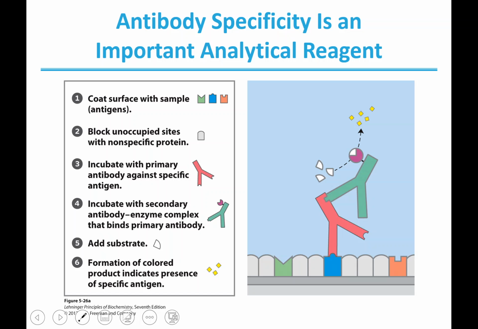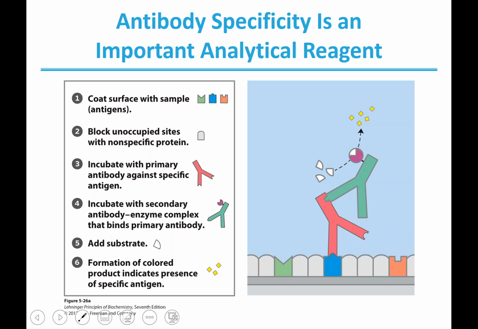You soak it in a solution of primary antibody, shown here as our Y shape. This is our variable domains, and they recognize specific antigens.